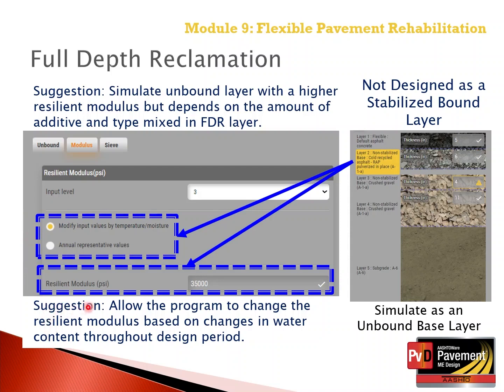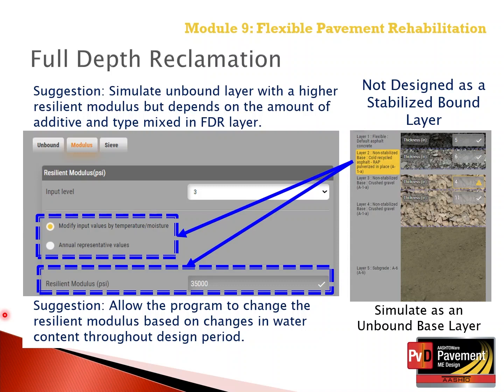The suggestion is to allow the program to change the resilient modulus based on changes in water content throughout the design period. But again, that depends on the amount of additive as well as the type of additive that's mixed into the full depth reclamation layer.